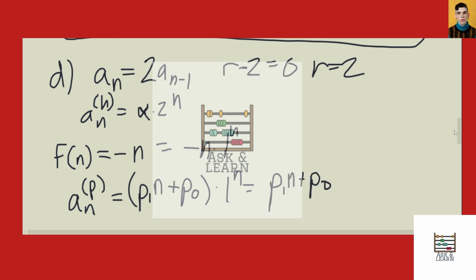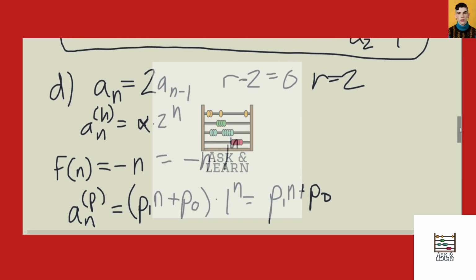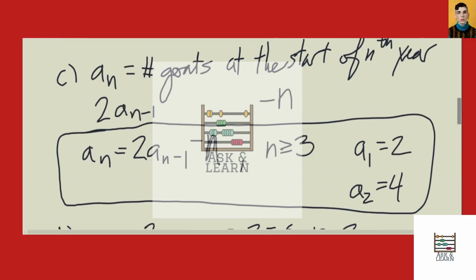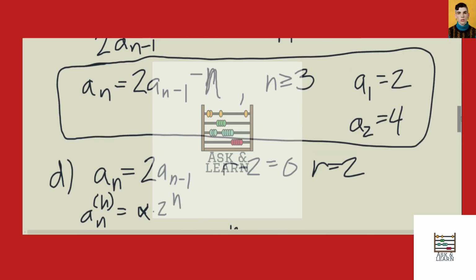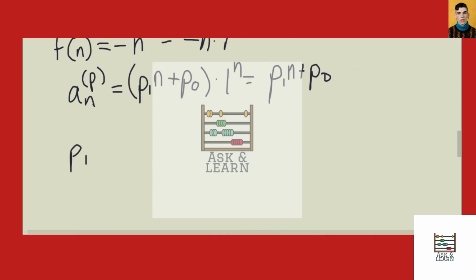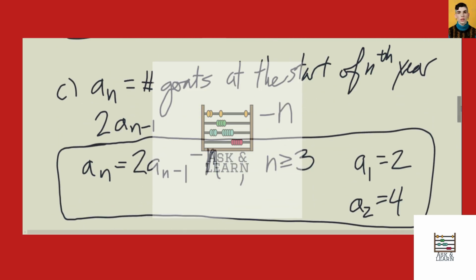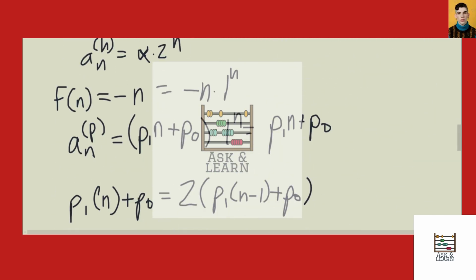To find the values of the coefficients, we'll plug our particular solution back into the non-homogeneous equation. So on the left side we have p_1 times n plus p_0. On the right-hand side we have 2 times (p_1 times (n minus 1) plus p_0), minus n.